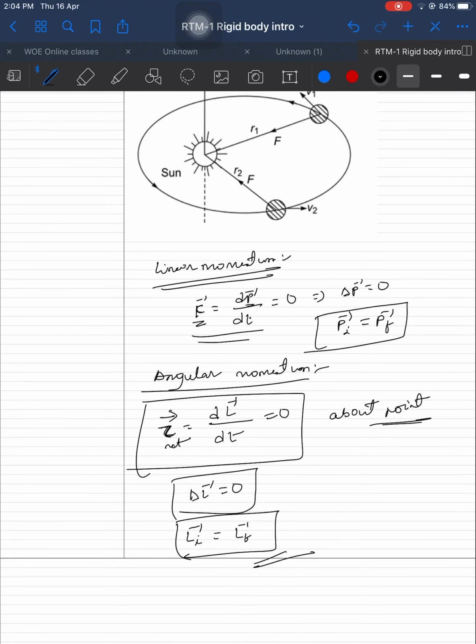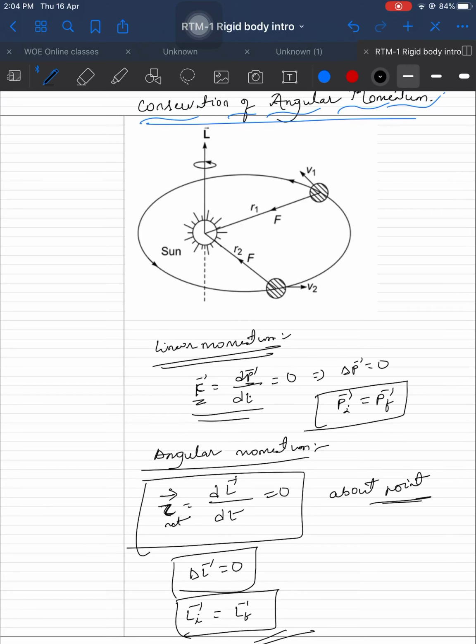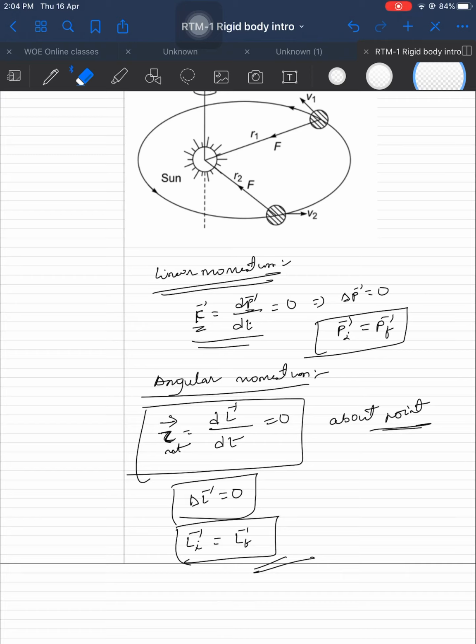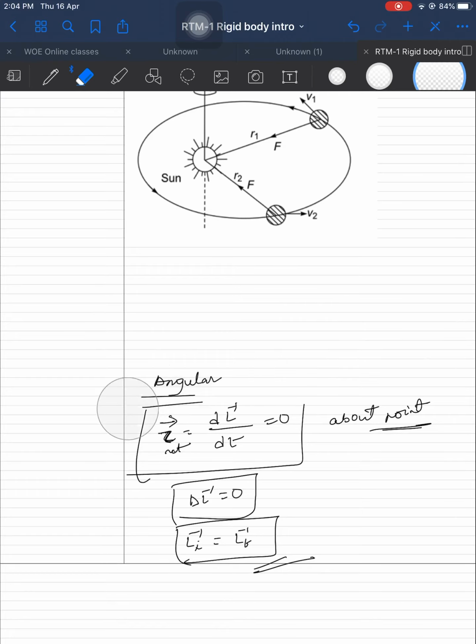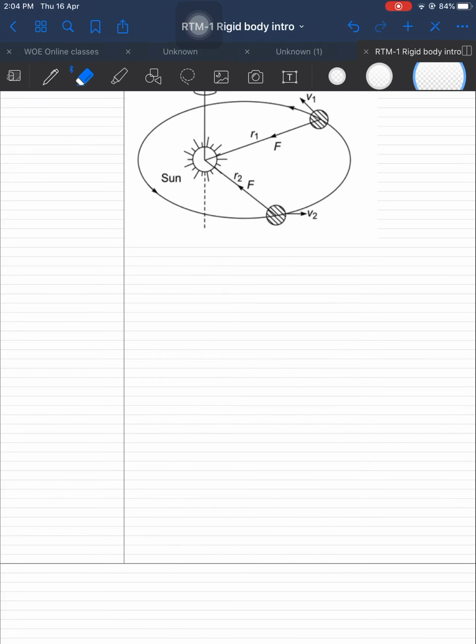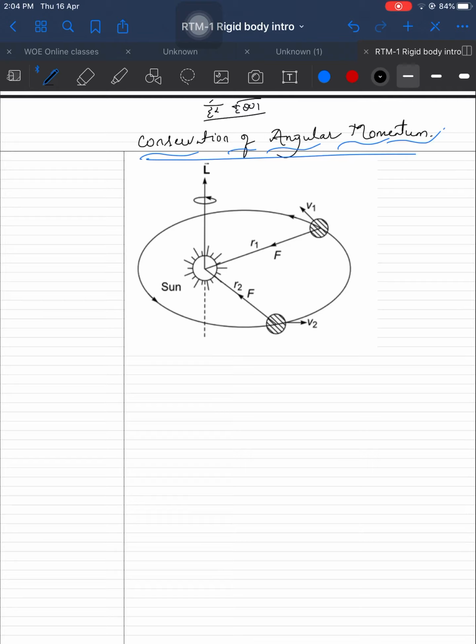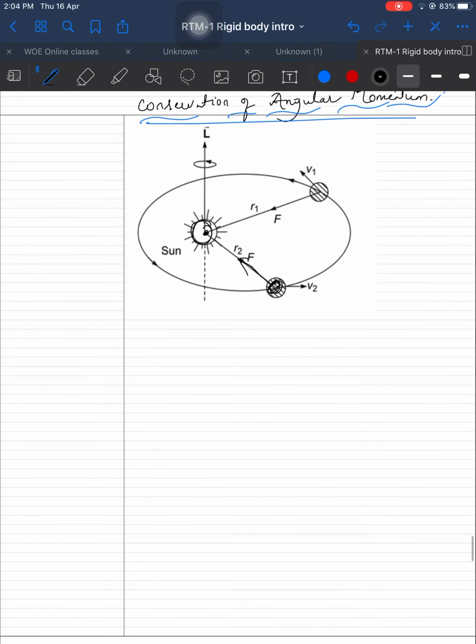See here, in this case, the conservation of angular momentum for the star case. So I am erasing this part. If you see carefully, above this is the sun and earth, and force is in this direction. I am considering conservation of angular momentum, net torque about the sun. So what are the forces acting?